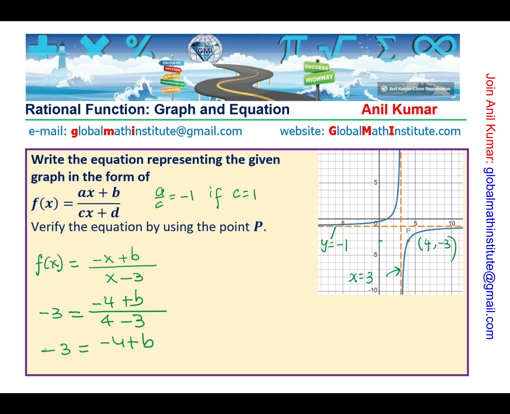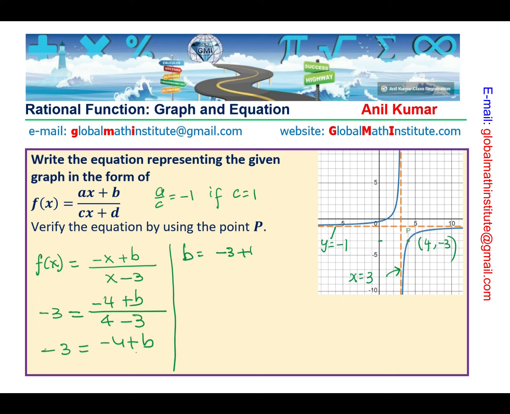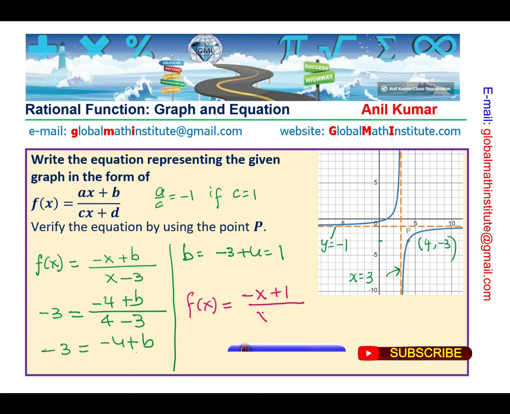And from here, we can take 4 on the right hand side, and that gives you the value of b as minus 3 plus 4, or 1. So b is 1. And therefore, we get our equation, which is f of x equals minus x plus 1 over x minus 3.